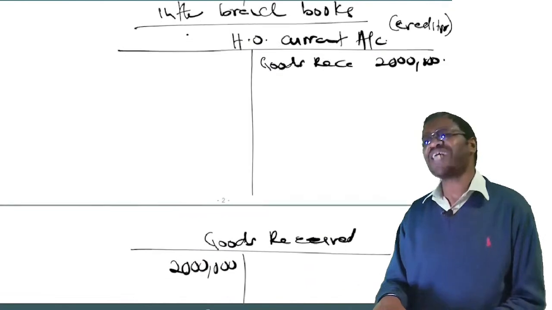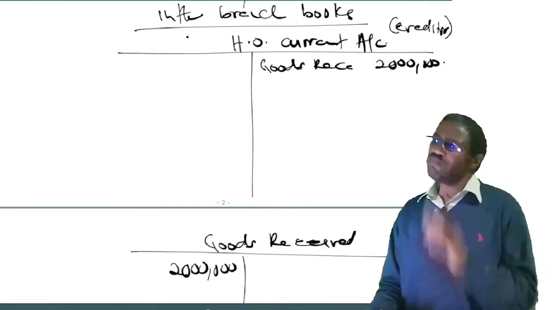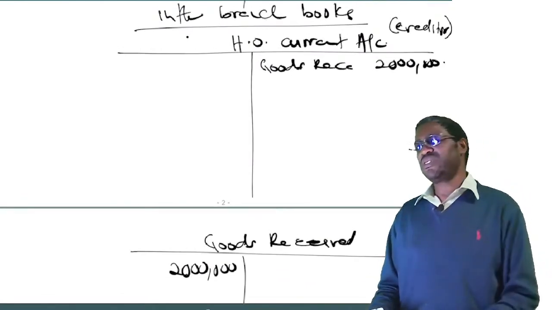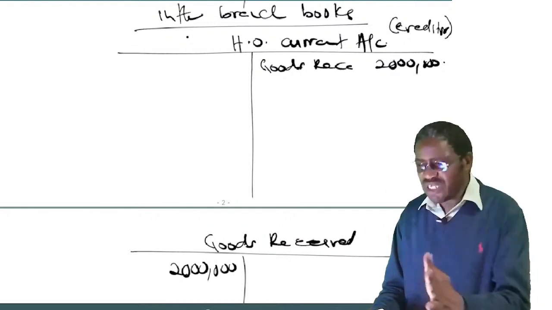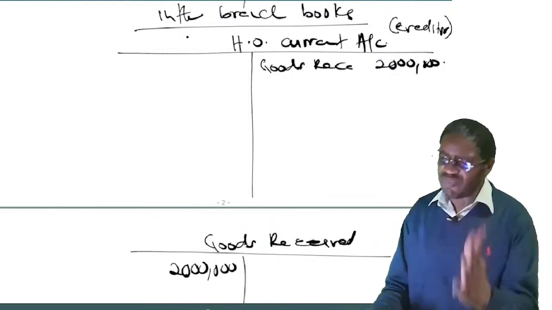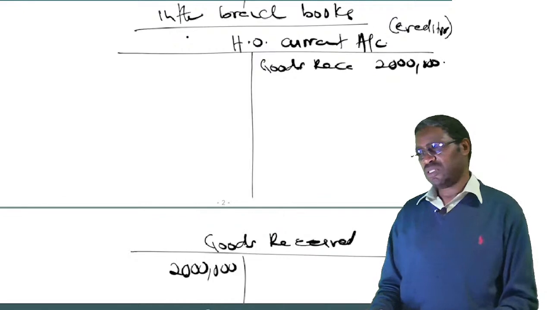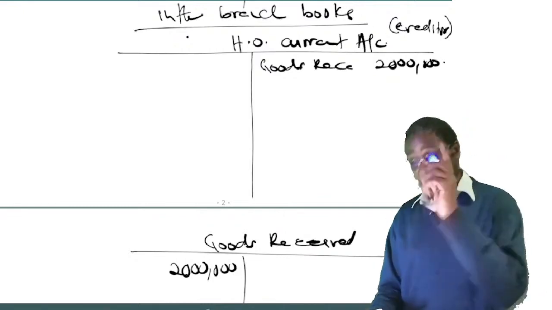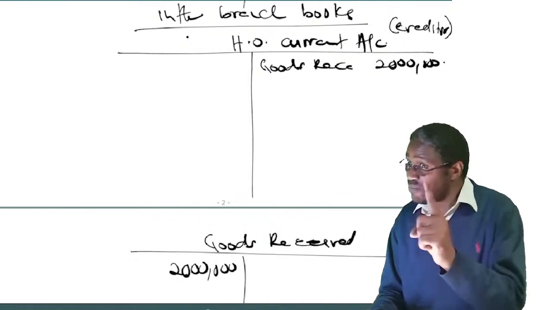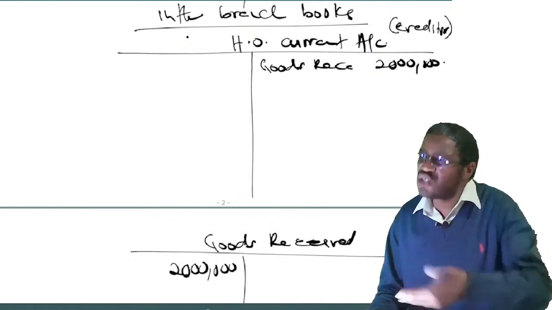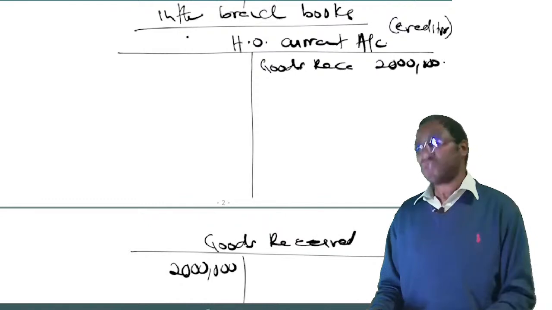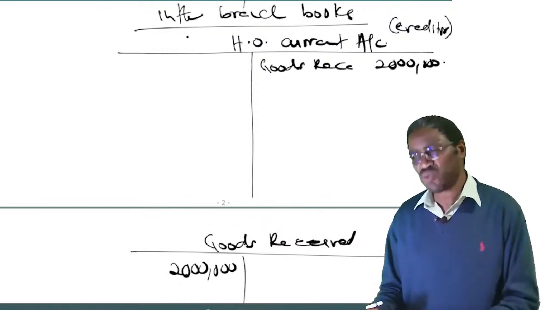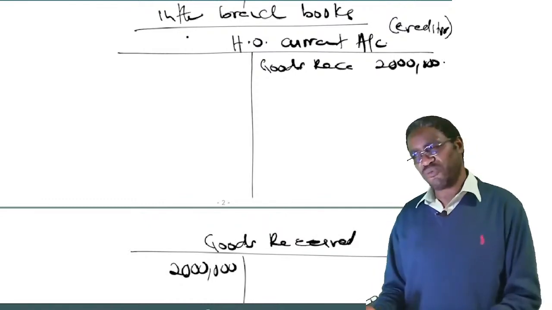What about in the books of the branch? The branch has returned some of the goods. Maybe there were more than they needed, or they are damaged, or they are not the type they needed, whatever it is. So when the branch returns some of the goods to the head office, the branch will have to reduce what they owe to the head office.